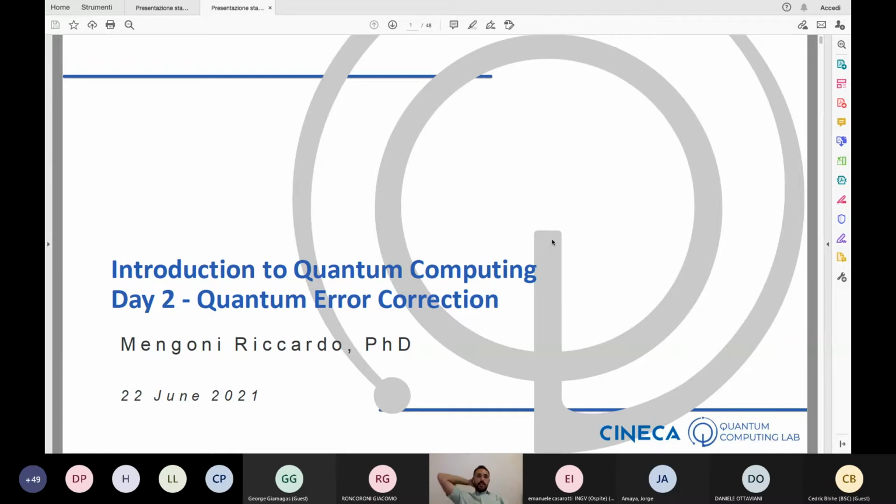But that is the topic of day 4 of this introduction. So today, what you've seen are just the old school algorithms that came up in the 90s that started everything.